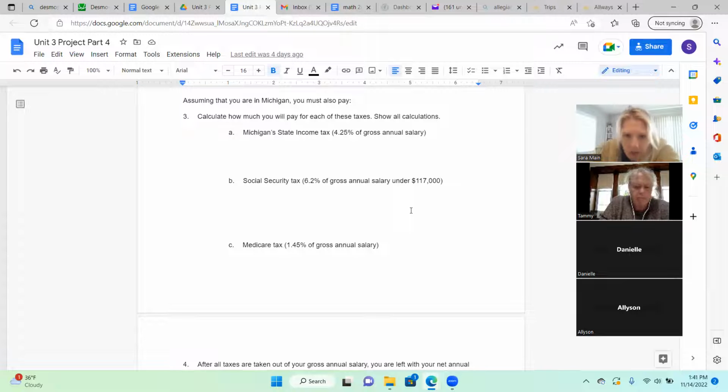So let's find out how much she's making on her, not Michigan State, but state of Michigan, right? So it would be, and we're assuming that the 42,000 is what she's being taxed on, 0.0425 times the 42,000.